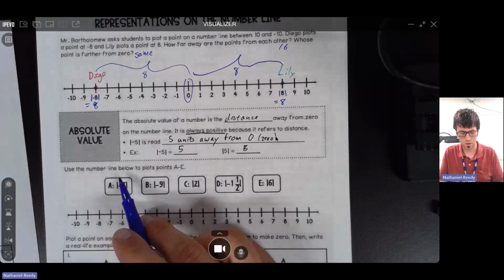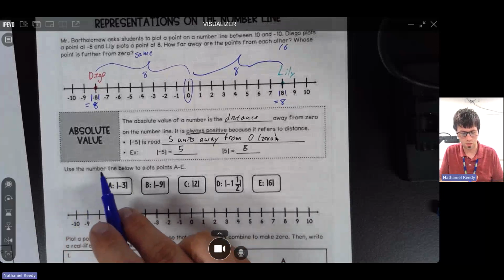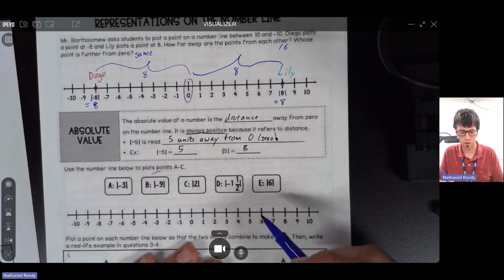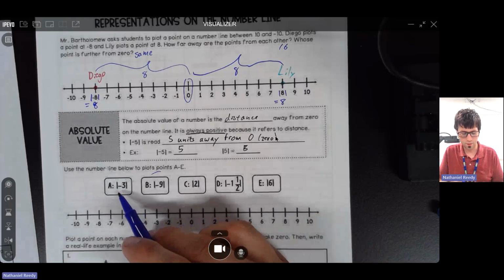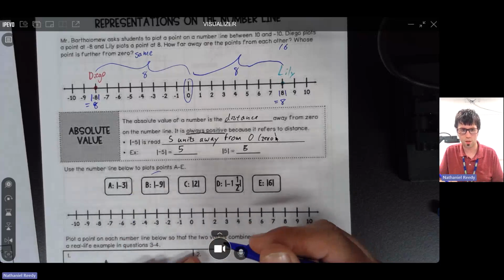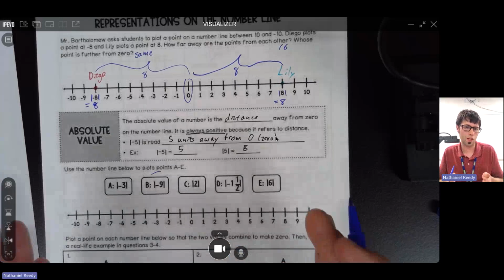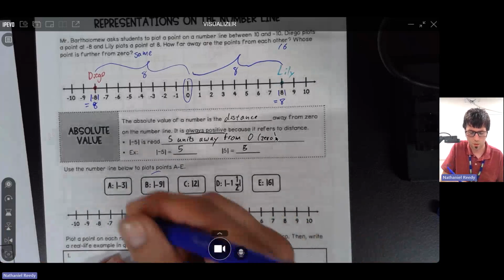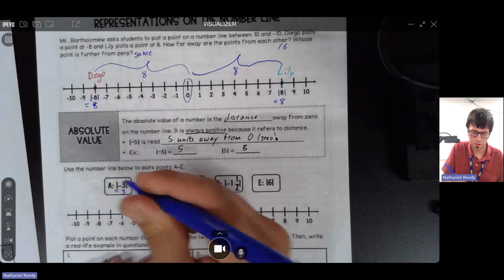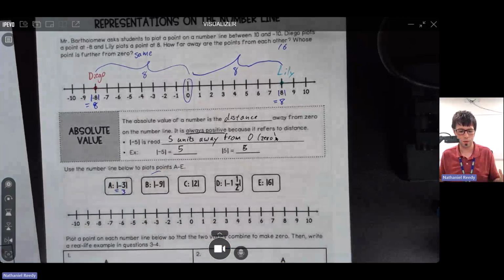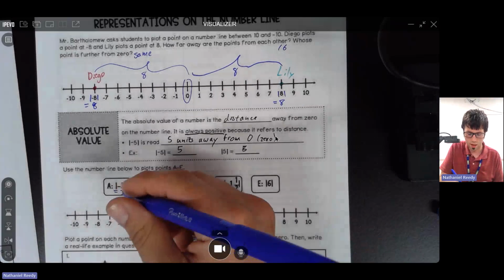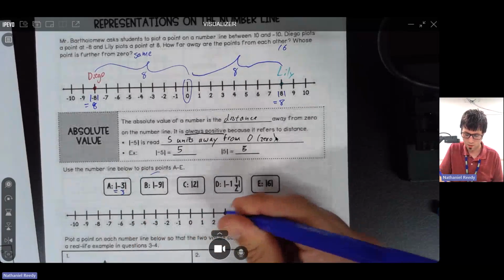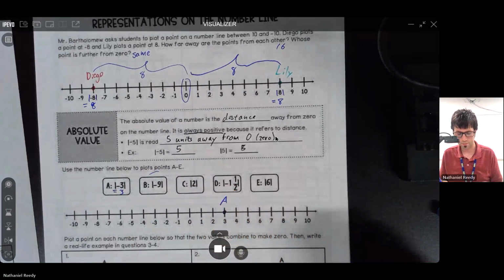So let's look. This one says, use the number line below to plot points A through E. So first I have to take the absolute value of negative 3. Well, like I said, that little cheating method was that if I have absolute value bars around a negative number, I would just take the positive equivalent, which would be 3. So since point A is 3, that's point A right there.